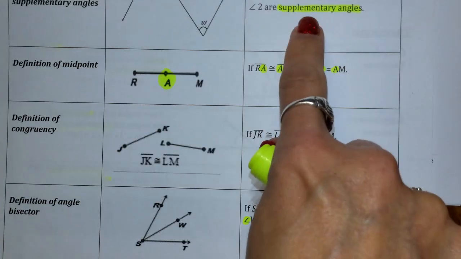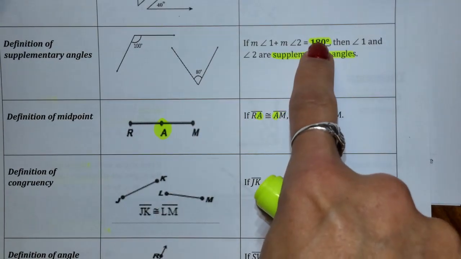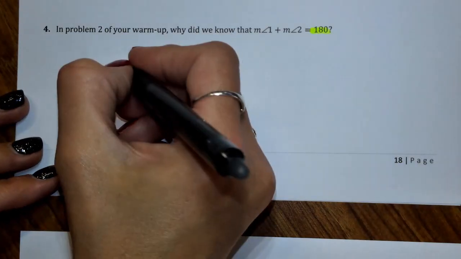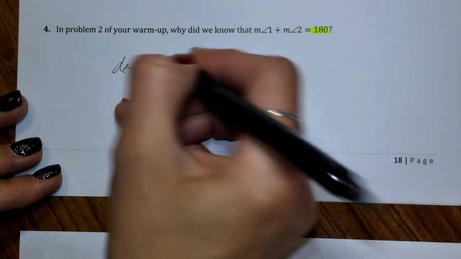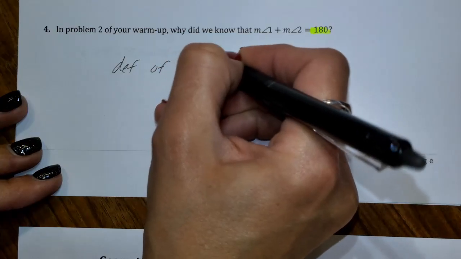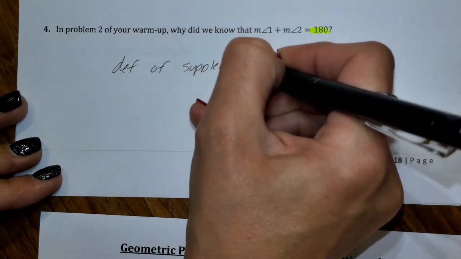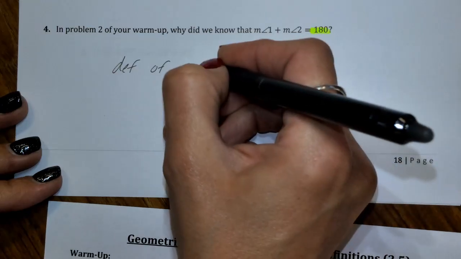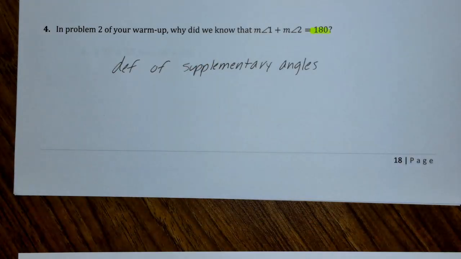We go back over here and we look. Supplementary and 180 definition. And I'm going to start putting angle symbols, okay, when we get to angle words, just so you know. So let's take a look at the next page.